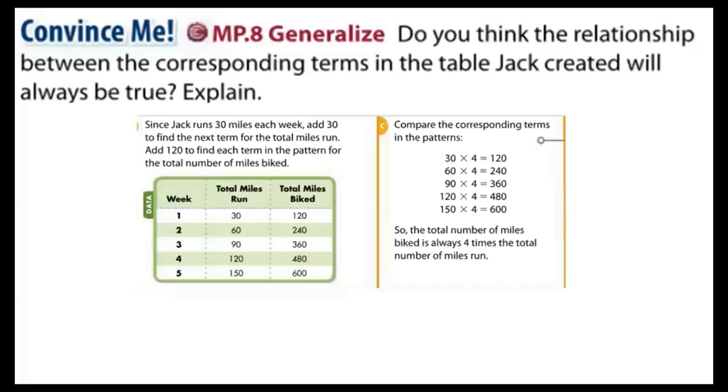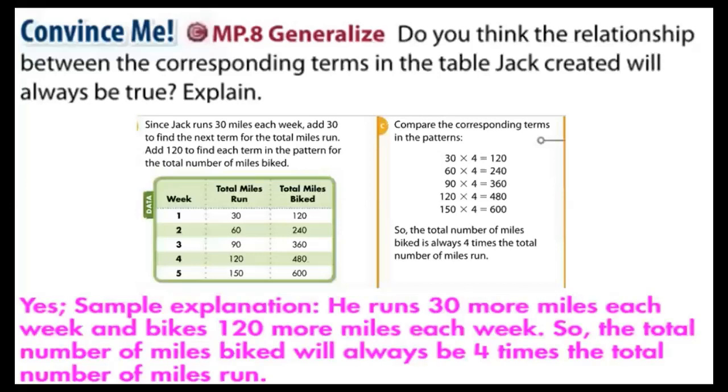If you multiply 90 by 4, it will be 360, and so on, as you see. So the relation here is he rode his bicycle 4 times more than he ran. So the total number of miles biked is always 4 times the total number of miles run. Let's see the answer. Yes.